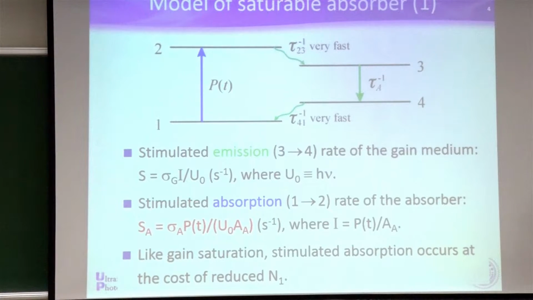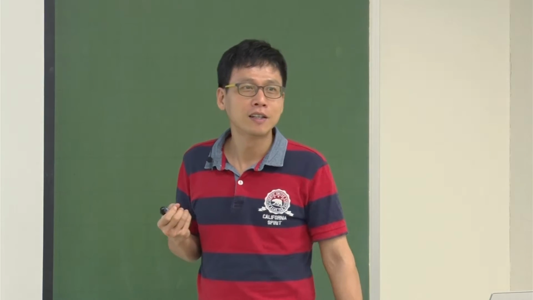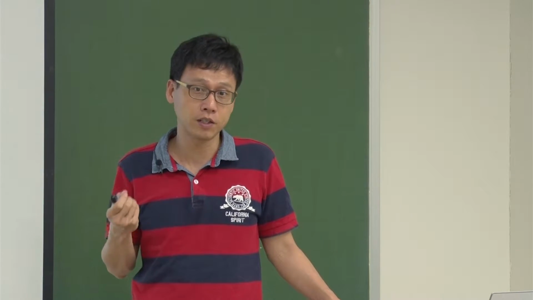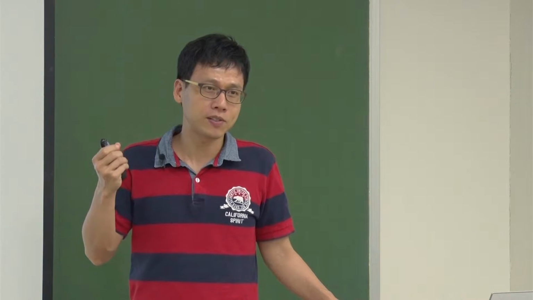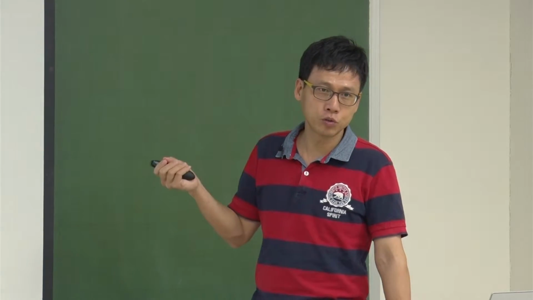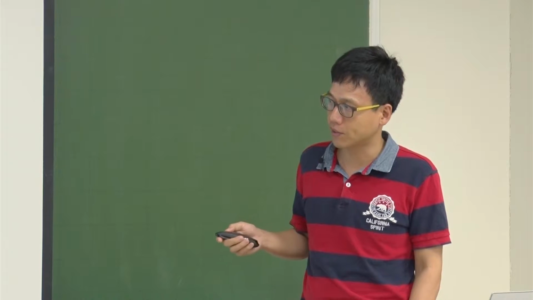And in lesson 1, we have known the concept of gain saturation. What is gain saturation? Every time you get a new photon by stimulated emission, you pay the price. One upper state electron translates to a lower level, so you lose some amplification capacity.